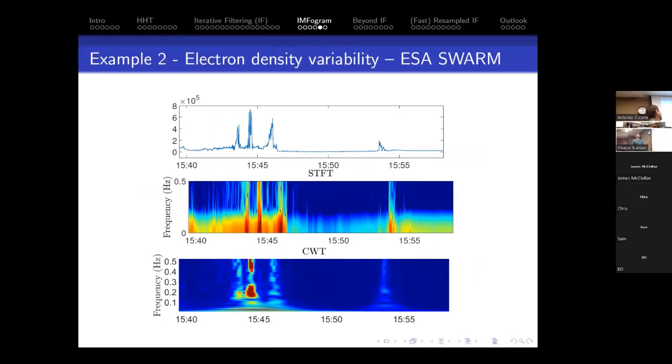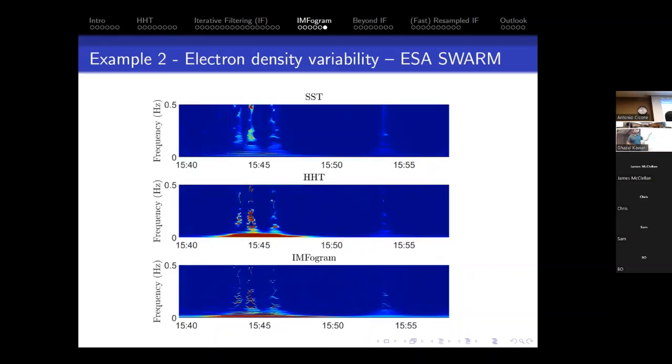Here, we're taking electron density. That's a collaboration I have with a research group of geophysicists. They're working with ESA. We have data from the satellites, and we simply measure quantities regarding the magnetic field of the Earth. And we try the short time Fourier transform, continuous wavelet, then we try synchrosqueezing, and then we try the Hilbert transform.